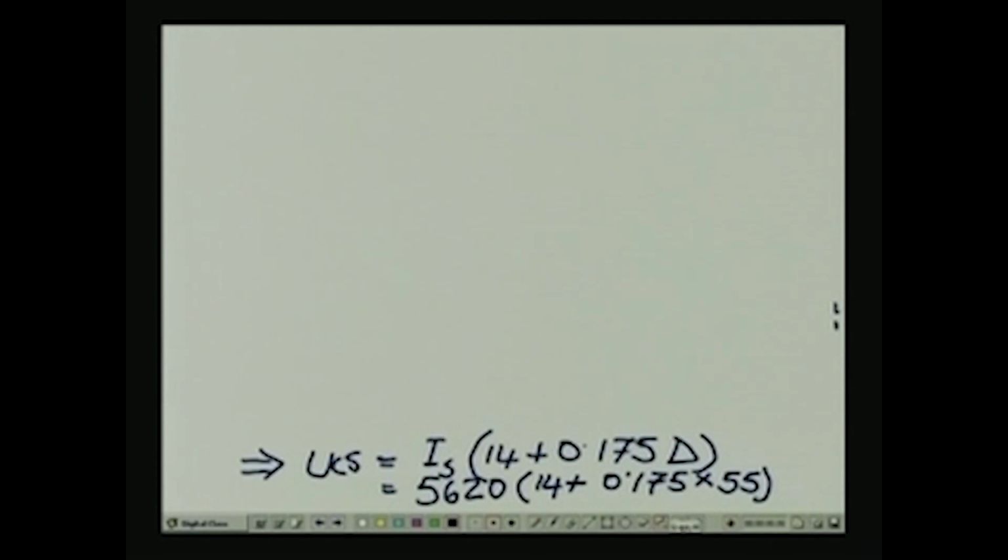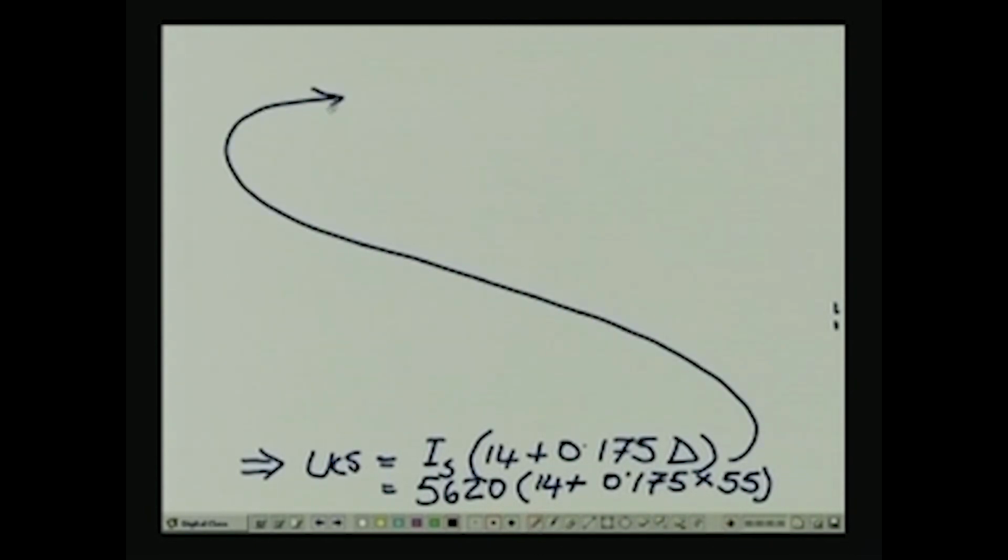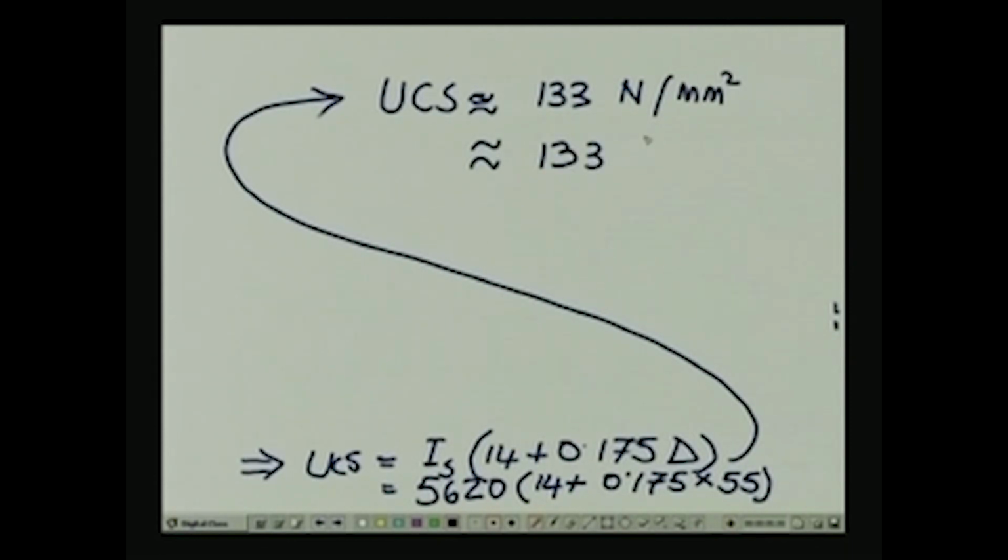So then what we get, let us begin from here. UCS then will be equal to approximately 133 Newton per square millimeter, or the same thing restated is 133 megapascal.